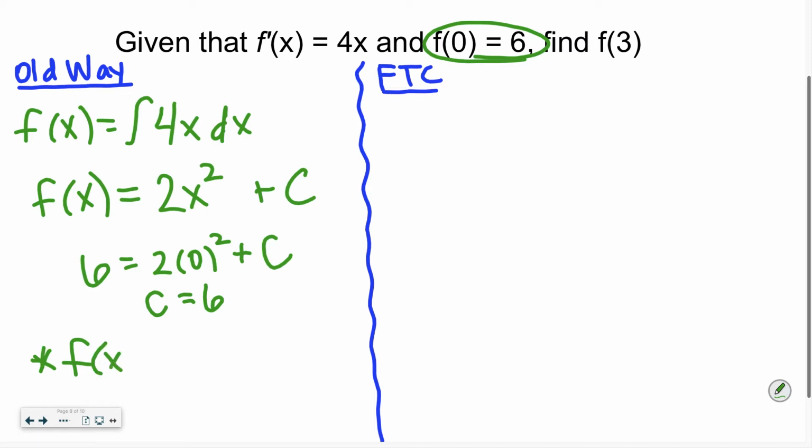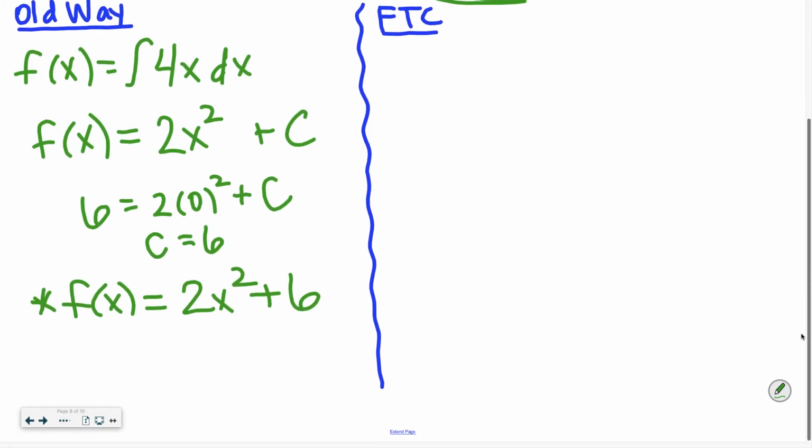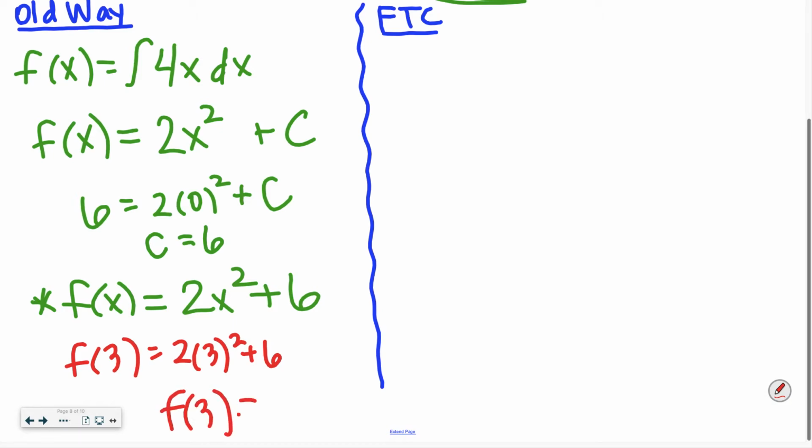So we know our function f needs to be 2x squared plus 6. What am I looking for? f of 3. So to find f of 3, what do we get?